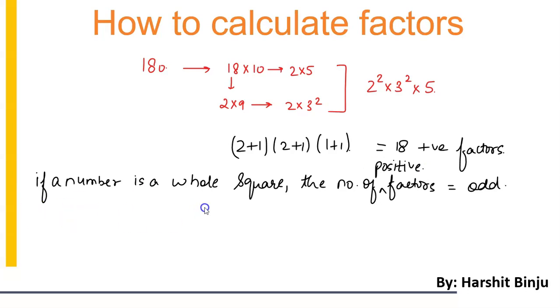And if a number is not a whole square, the number of positive factors is always even.